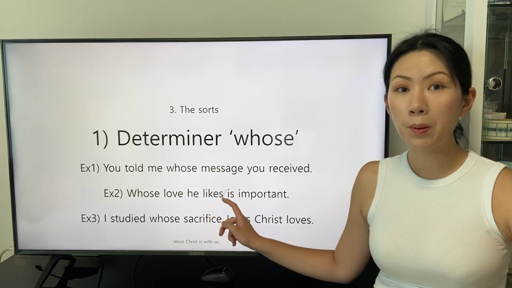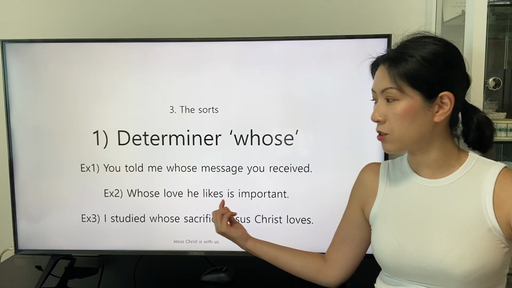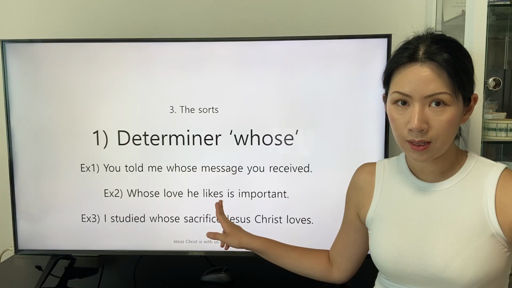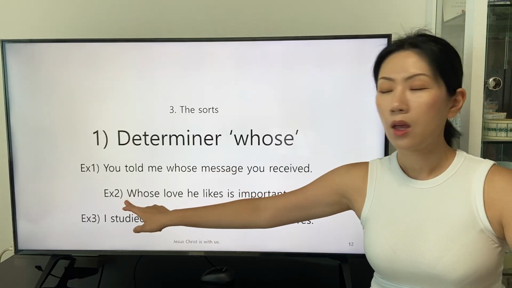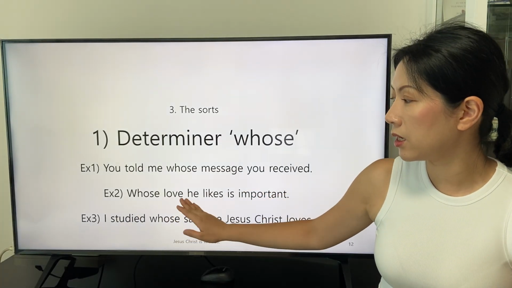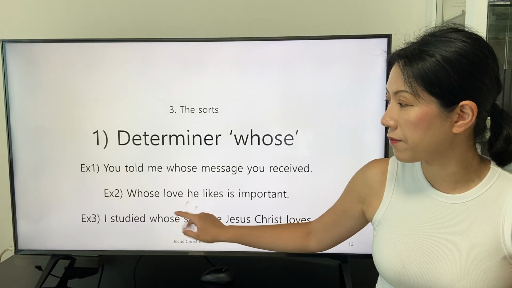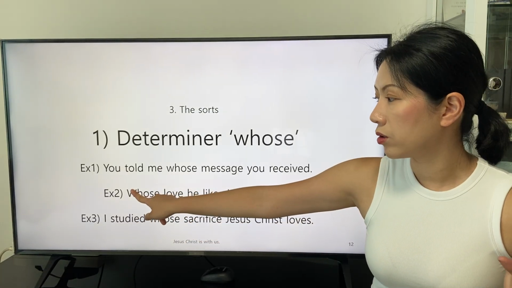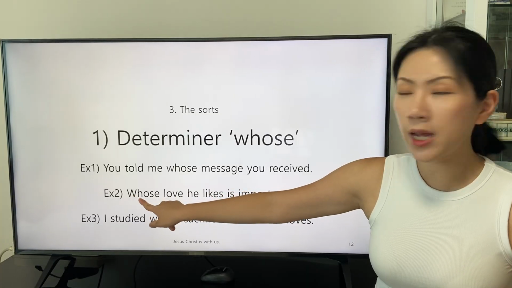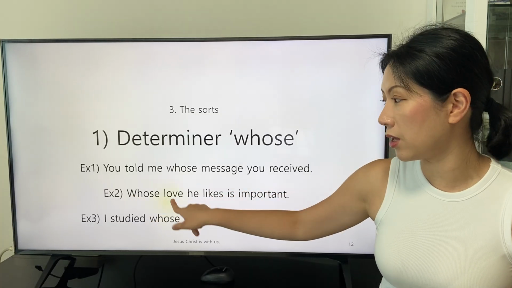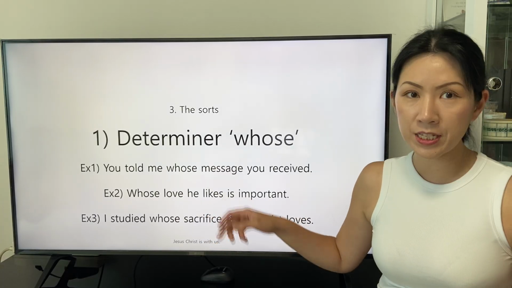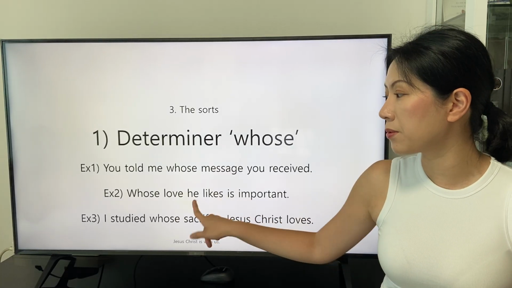The be verb is in the main clause describes the whole subordinate clause as an indication. And in the subordinate clause, the subordinating conjunctive phrase whose love is the object to receive the definition of the transitive verb likes from the subject he.